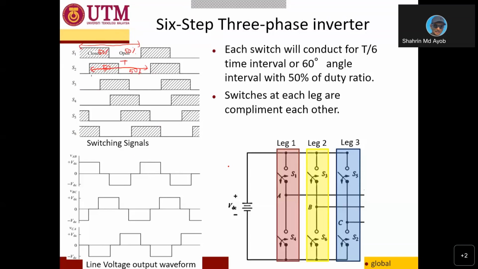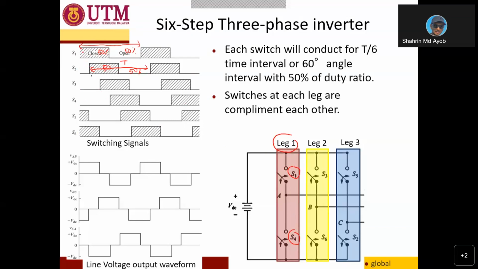As you can see, for the switches in the same leg, for example leg 1, we have S1 and S4. Both switches cannot be turned on at the same time, meaning that if S1 is on, S4 must remain off. When you design the switching, make sure that when S1 is on, S4 is off.